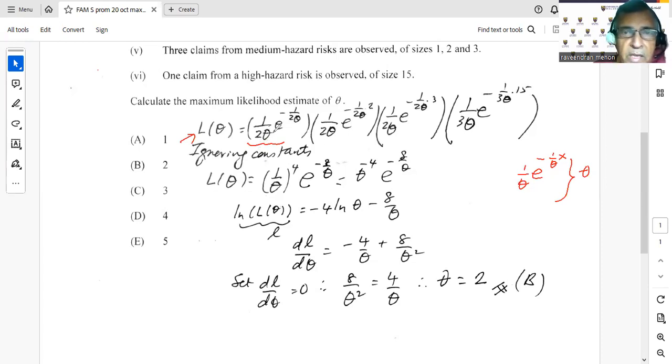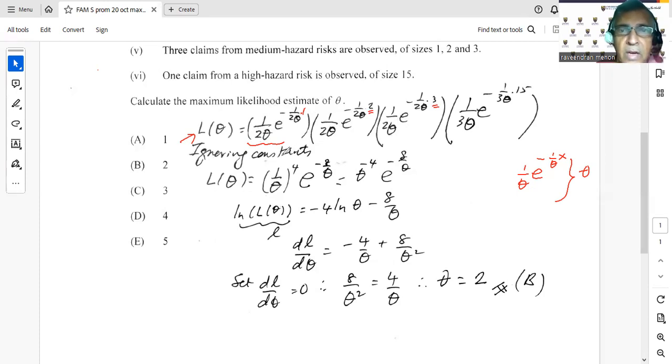So 1 over 2 theta e to the power of minus 1 over 2 theta times 1, because the first value is 1. And then you do the same. The second value that you observe is 2, and the third value that you observe is 3. Nothing difficult here. We're just using the PDF. If you've forgotten, you can just look it up in your formula book.